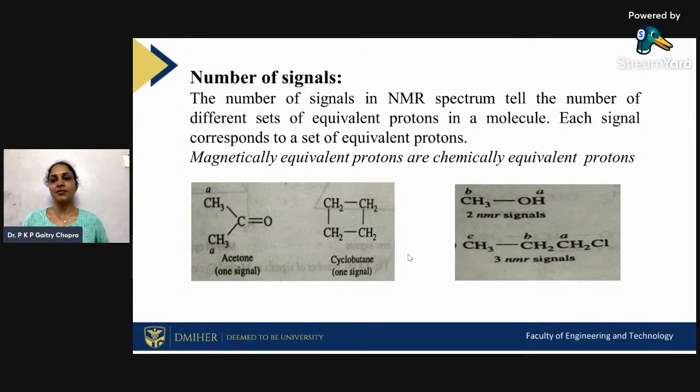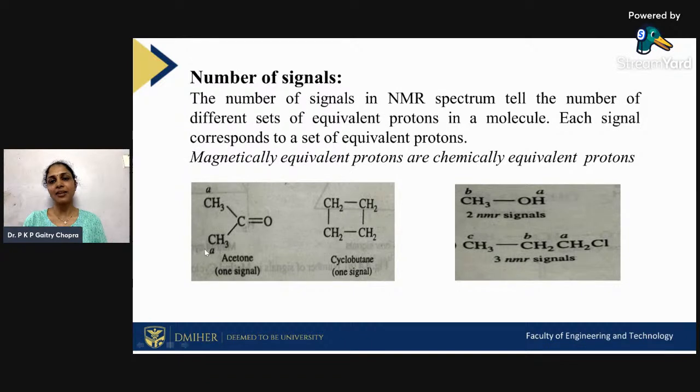In the very first picture, I have shown the molecule of acetone. Here I'm talking about H1 NMR, that is, we are talking about the nucleus of hydrogen, the proton. Now there are 6 protons, CH3, CH3, so you have 3 plus 3, 6 protons. All these 6 protons have a similar chemical environment.